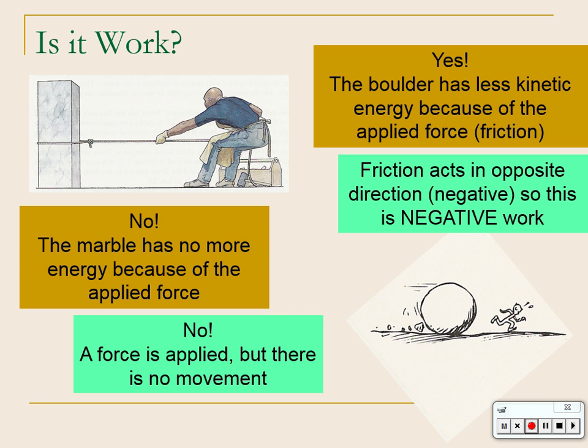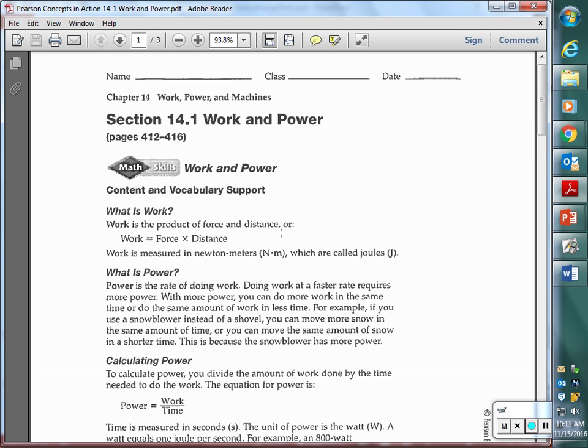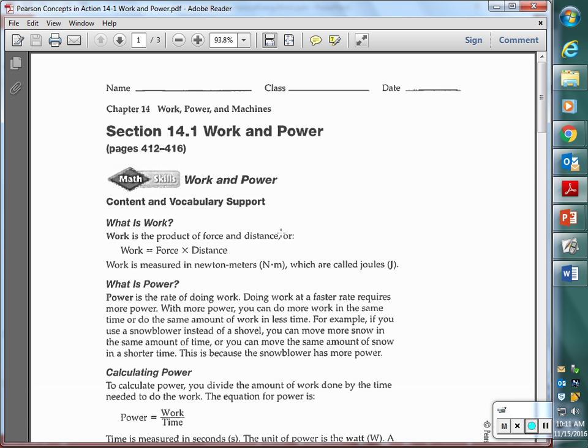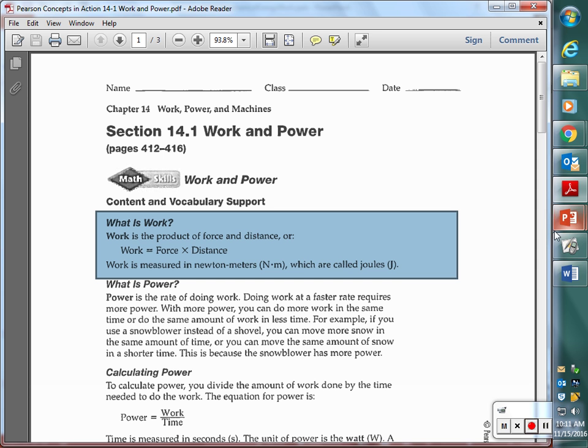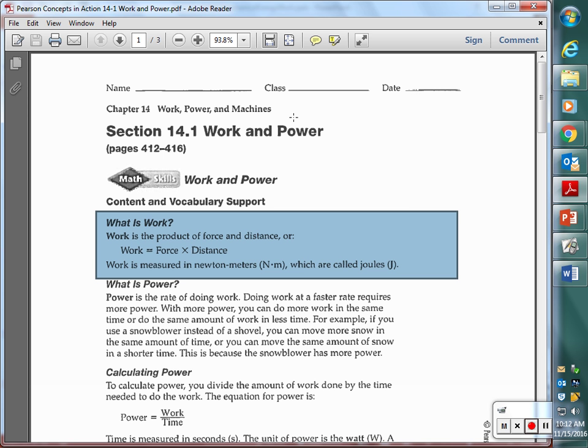All right. To wrap up today, let's take a look at the sheet that I gave you that says 14.1 work and power. Okay. So on the front page of this sheet, we start off with a pretty short section on work, right? And it says, work is the product of force and distance, or F times D, which we already introduced to you.